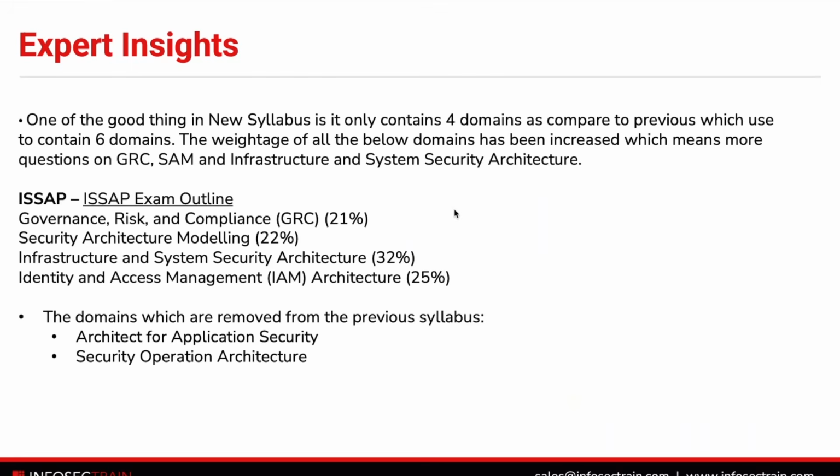So you need to have a good understanding of TOGAF, specifically the ADM life cycle. More and more questions on the ADM life cycle along with SABSA will be testable in the examination from August 1st.